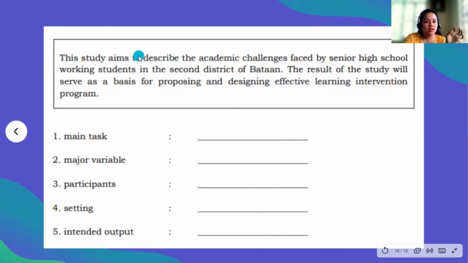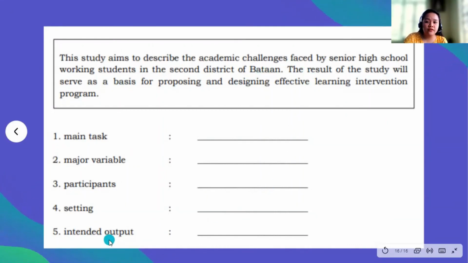Ang purpose ng study nito is to describe. What are the variables? The academic challenges. So yun yung variable mo. The participants, the senior high school working students. Saan? Setting, 2nd District of Bataan. Wala siyang binigay na time, okay lang yun.